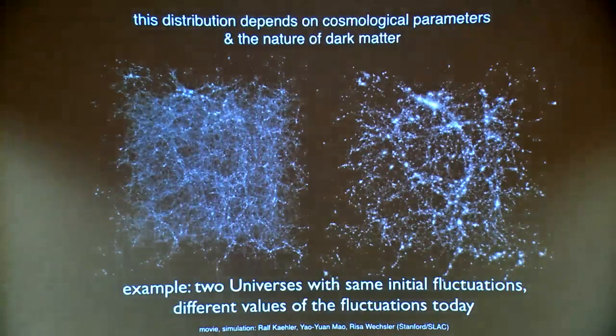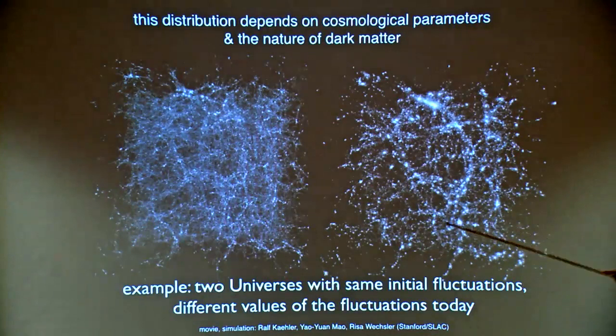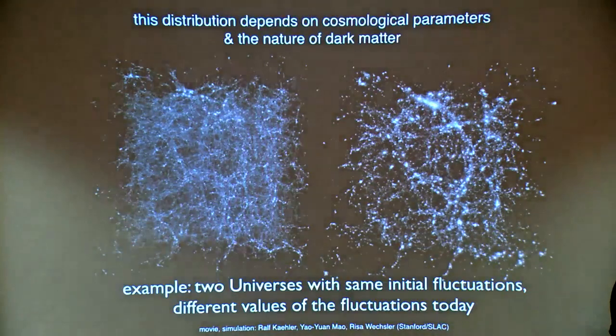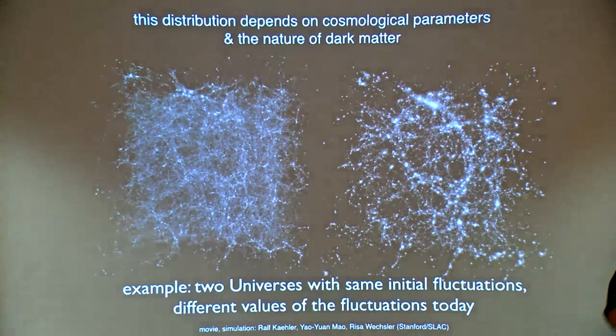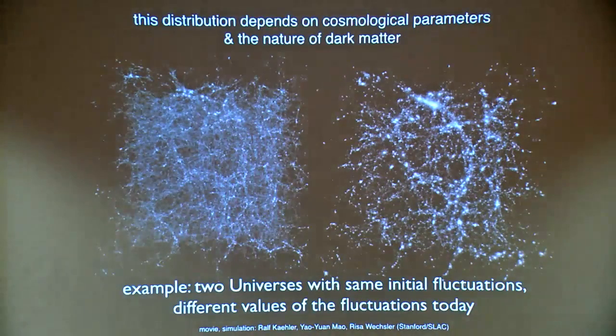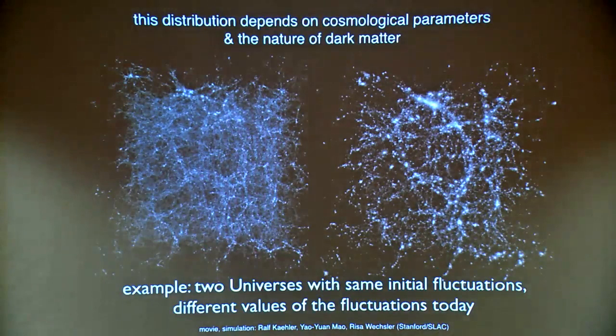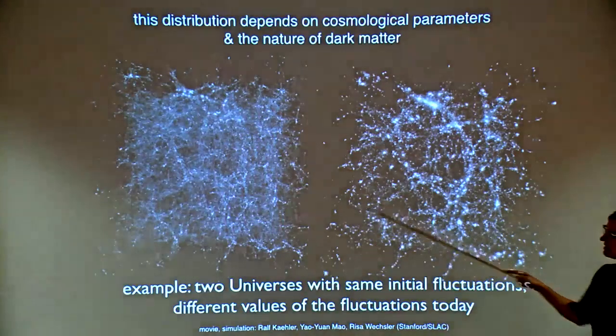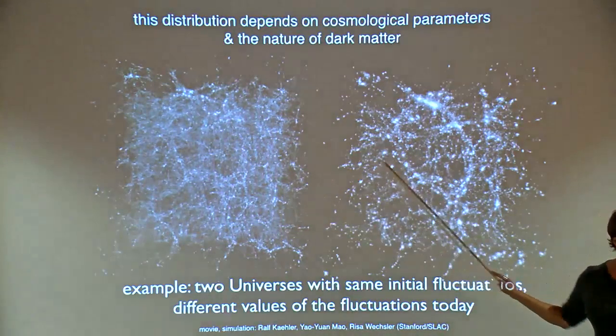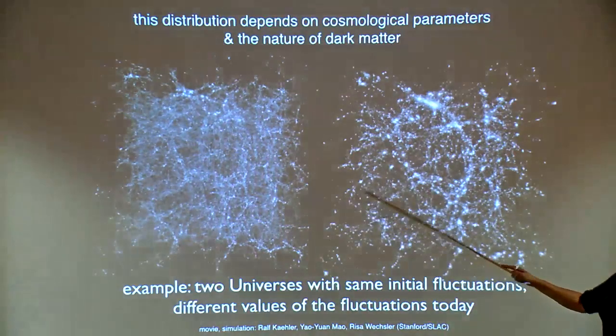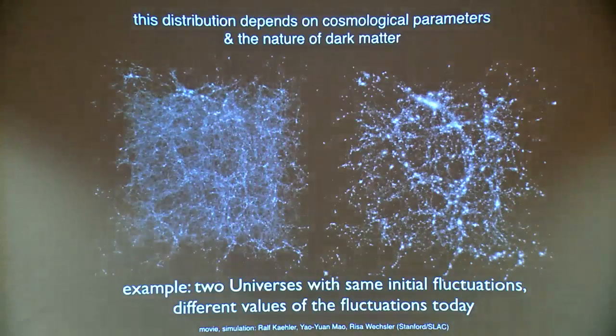So the only thing that goes into these movies are those initial fluctuations. Basically, what did that wiggle plot look like that I showed you in the very beginning? And gravity. That's it. Okay? So anyways, you can see that if these are the kind of predictions, now I can go out and try to measure these things in the late-time universe.